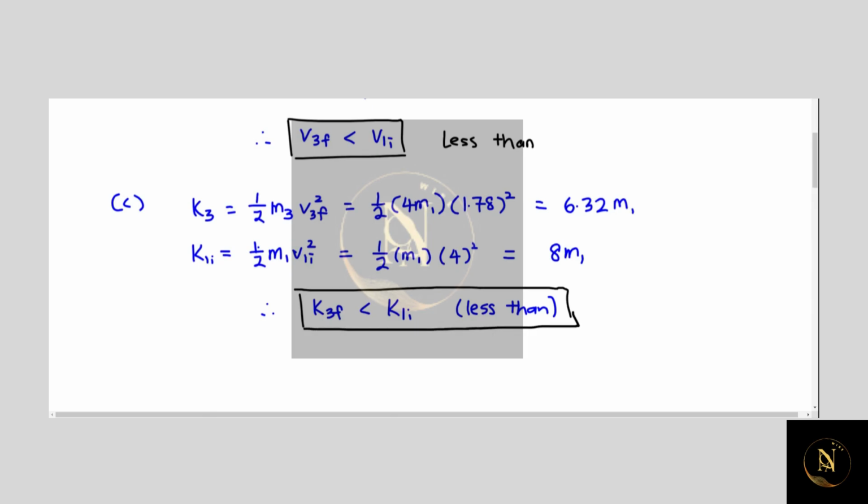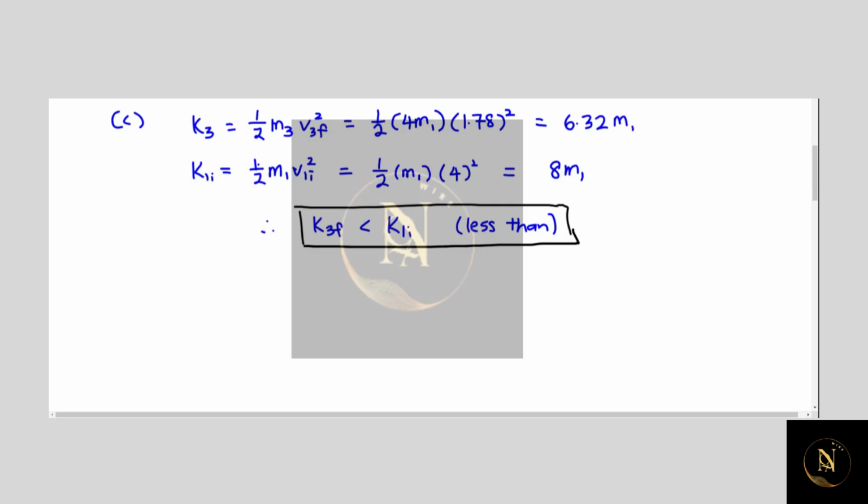In part D, we want to compare the momenta. P3F, the final momentum of block 3, is M3 V3F. So this is 4 times M1 times 16 over 9, which gives 7.11 M1.